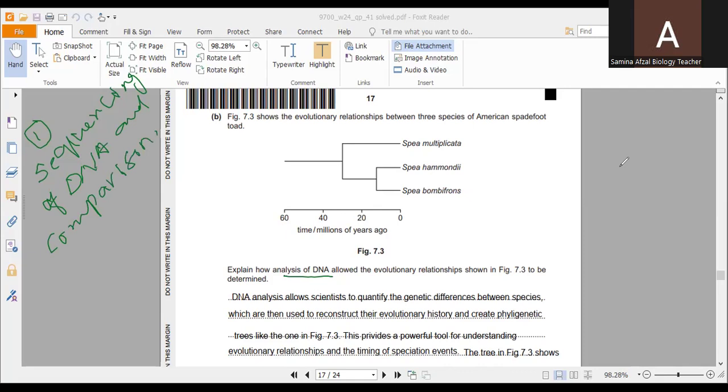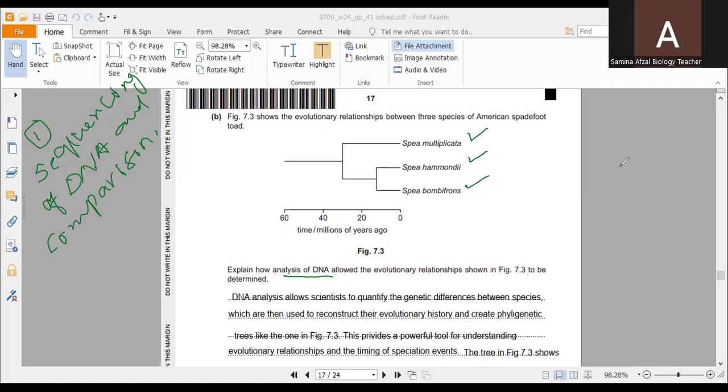So for this purpose, there is need of extracting the DNA. Scientists extract DNA samples from each of the three toad species: Spea multiplicata, Spea hammondii, and Spea bombifrons.